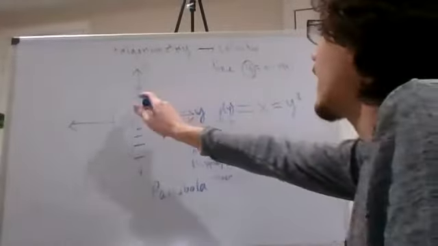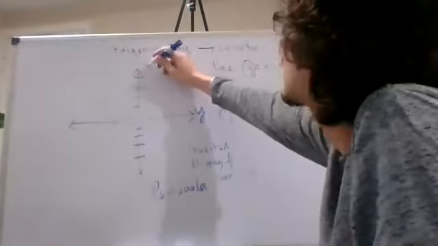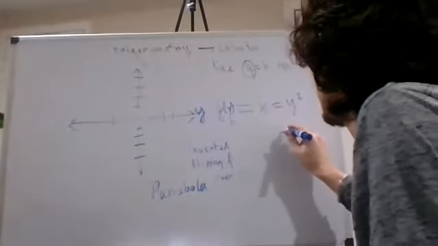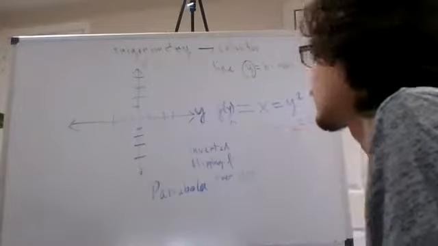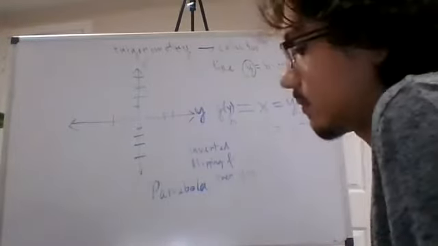So Ms. Tihani, now that we have our x as the y and our y as the x, and we wrote it so that x is equal to y squared, what will this look like?